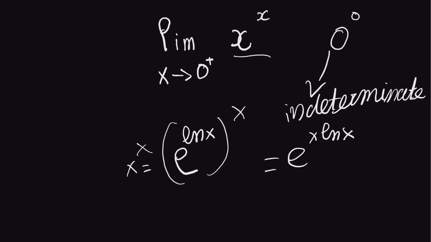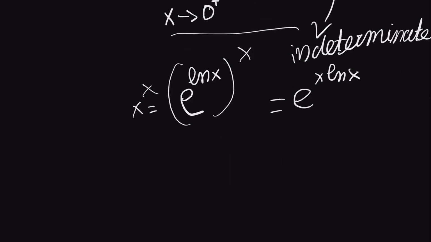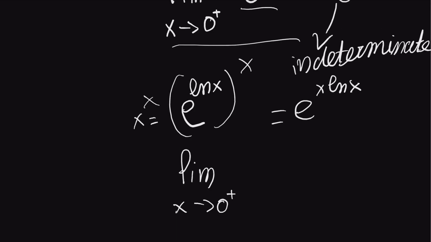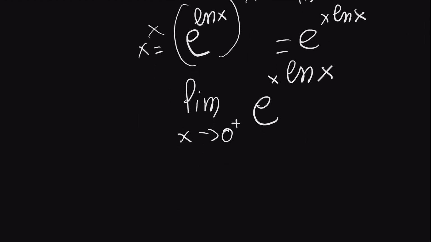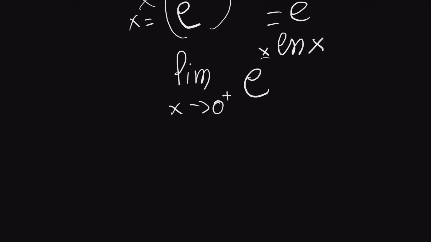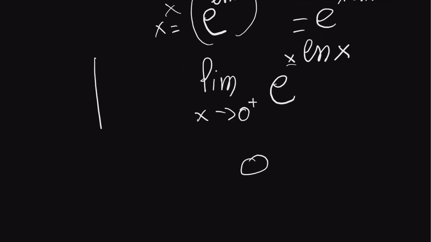So we can rewrite this limit: the limit as x approaches 0 from the right of e to the x times the natural log of x. Now let's see how x times the natural log of x behaves as x approaches 0 from the right. x goes to 0, and the graph of the natural log goes to negative infinity as you approach 0 from the right.